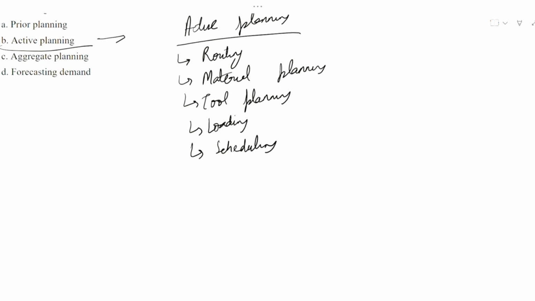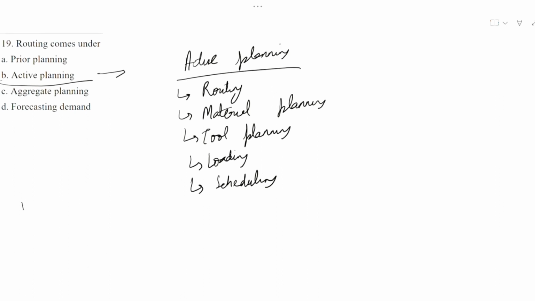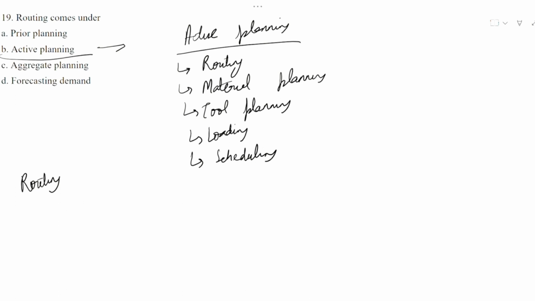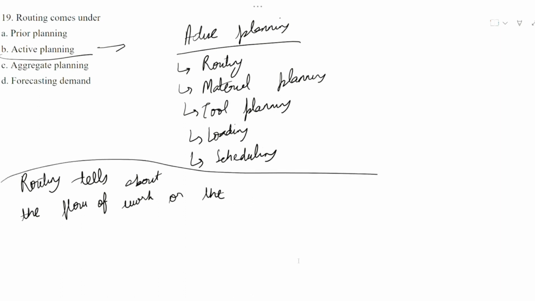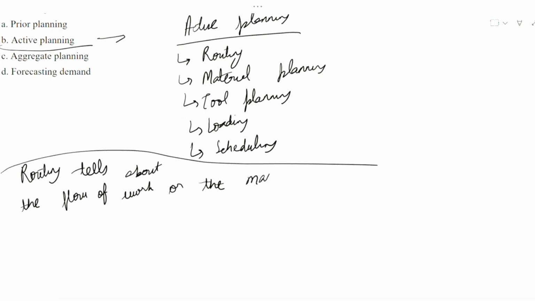Routing is the flow. Routing is very important because routing tells about the flow of work or the material in course of production.